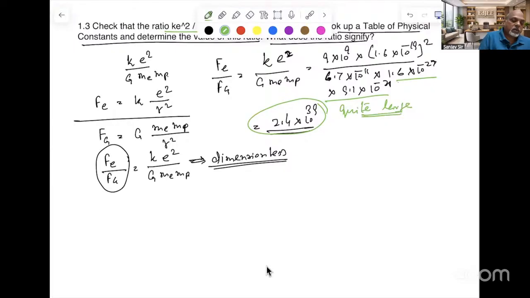That means electrostatic forces are much stronger than gravitational force.